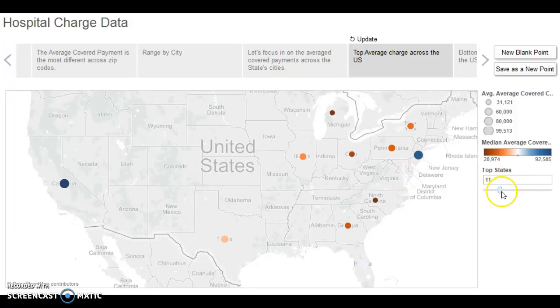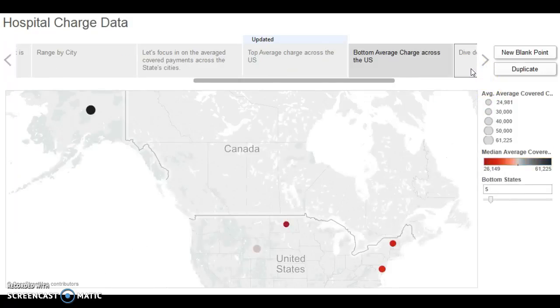Is Connecticut like 16 or maybe not? Yeah, so Connecticut's not that bad, but these other states tend to be more expensive, so this is where you might see more strikes. And this is just the bottom if you wanted to do a comparison with the bottom. Same thing.